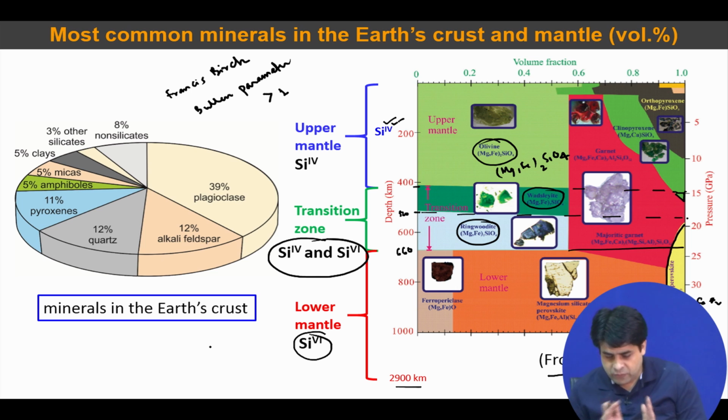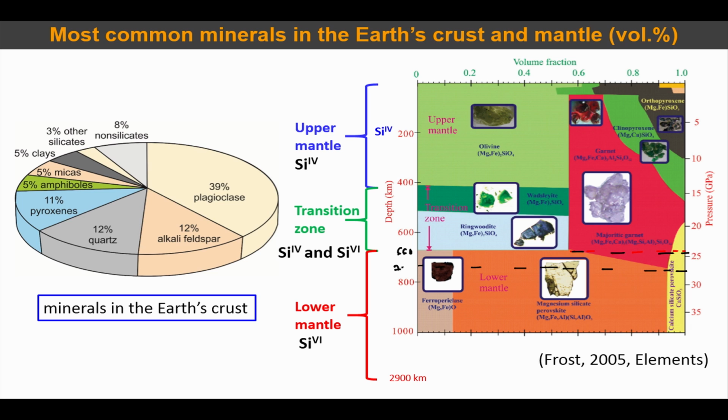If you see carefully the lower mantle, if you draw a horizontal line which starts from 660 to 700 kilometer depth, what you will observe is that the most abundant mineral in this part is called magnesium silicate perovskite.